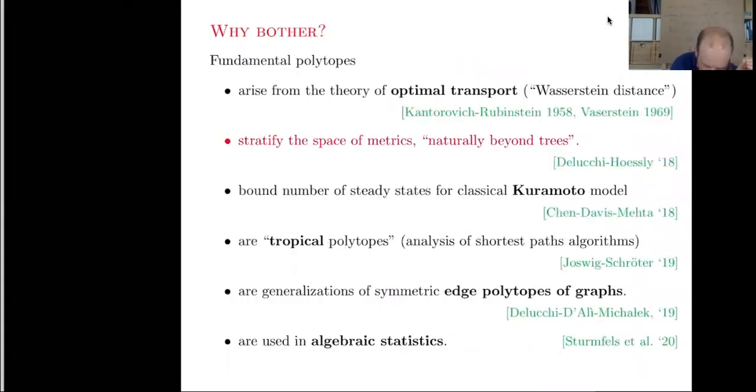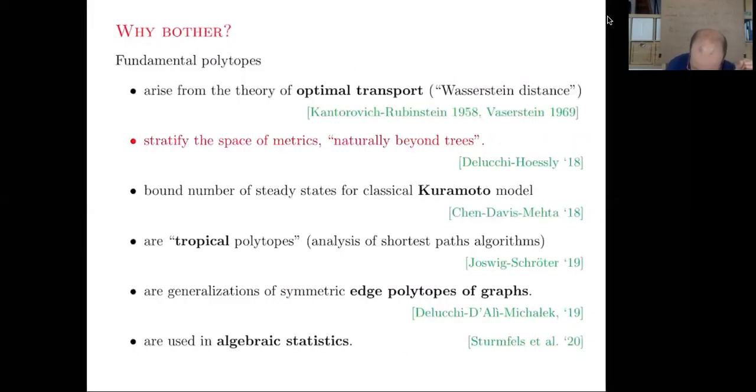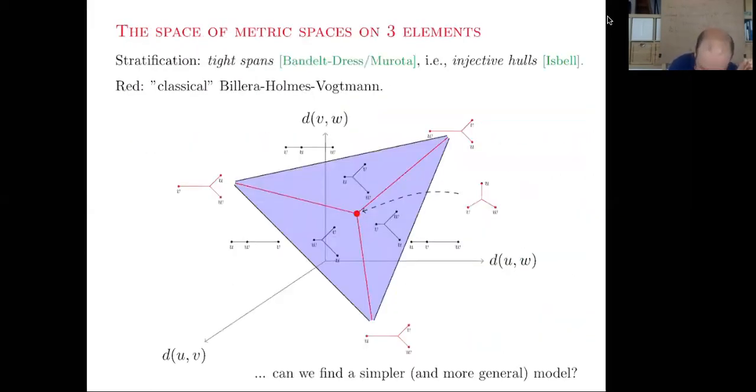This should be for me a model of, if you see Isbell, these tight spans or injective hulls. But if you subdivide your set of metric spaces according to this, you will have a very fine, very detailed description, but it is accordingly difficult to manage.